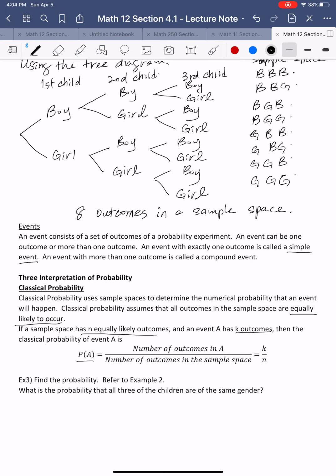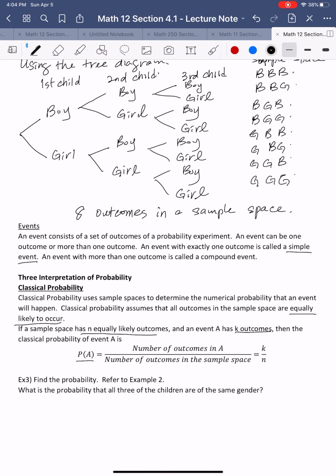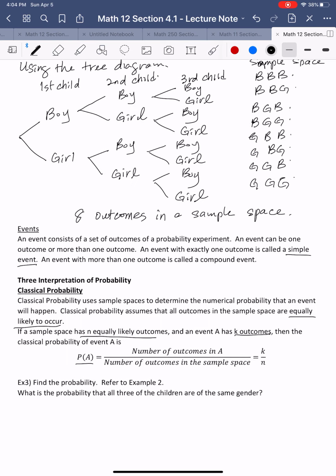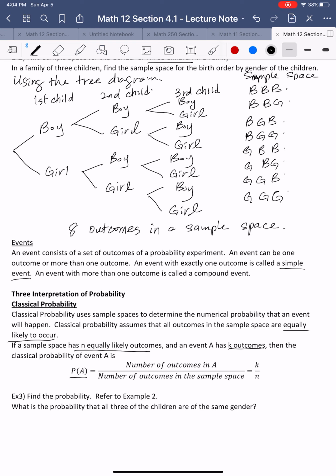So to find the probability, refer to example 2. What is the probability that all three children are the same gender?